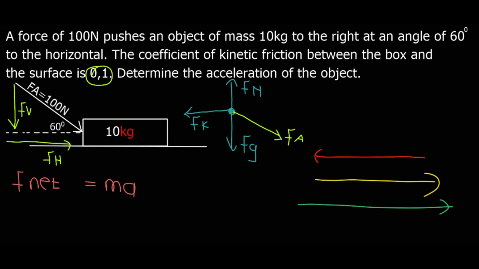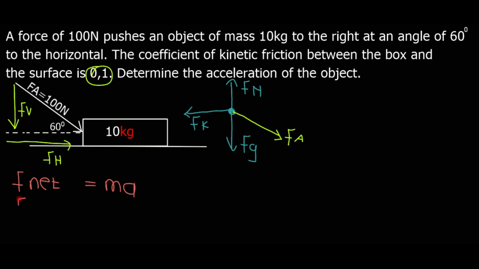So for the net force, we use F horizontal and the kinetic friction. Because the horizontal force is to the right, it is positive, and friction, being in the opposite direction, is negative. From there, I can say FH minus friction equals MA. So first, find the horizontal component, just like for the previous one.